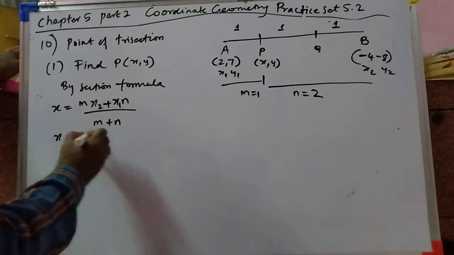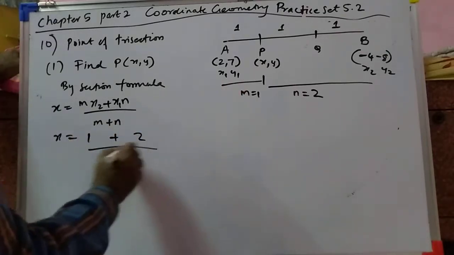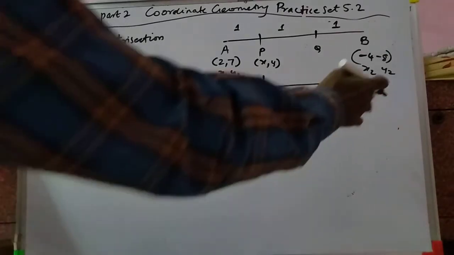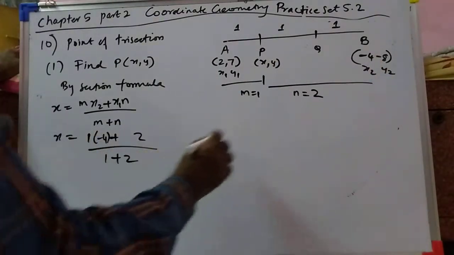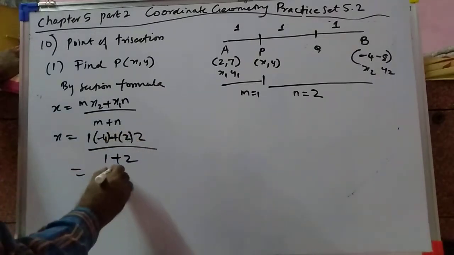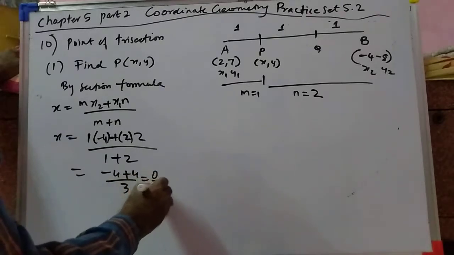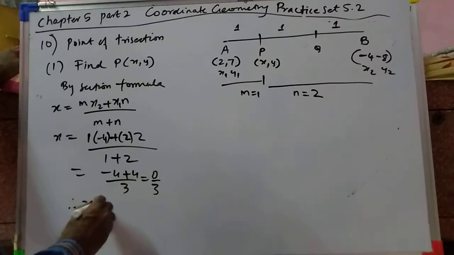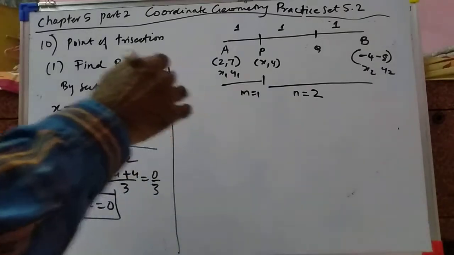So therefore X is equal to M is 1, X2 is minus 4, and N is 2, X1 is 2, upon 1 plus 2. Minus 4 plus 4 upon 3, that is 0 upon 3. Therefore X is equal to 0.